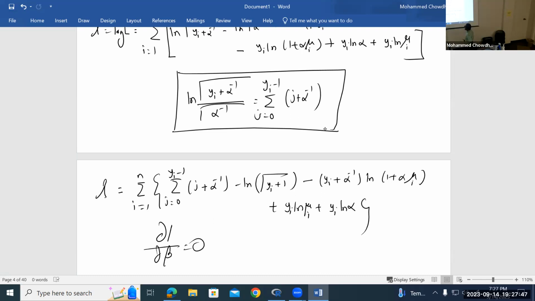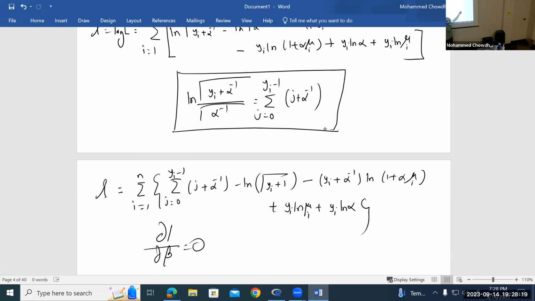Now you can ask me why we get the beta. If you plug in mu I equal to e to the power x beta, then the mu will have all of those x's and betas. Mu is the mean, right? That mu should contain beta and x. You can ask me, you are differentiating with respect to beta, but I do not see any beta in there.